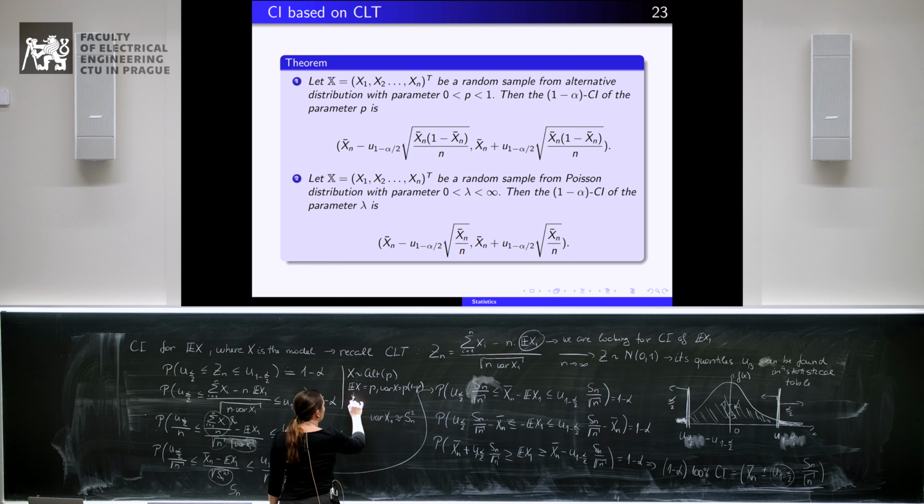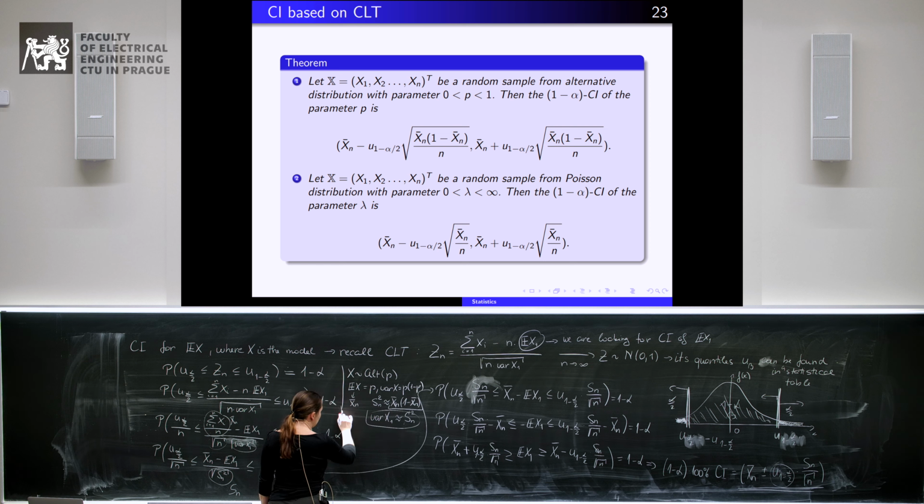So it means that when we estimate the expected value by the mean, we can approximate the sample variance by such a formula.